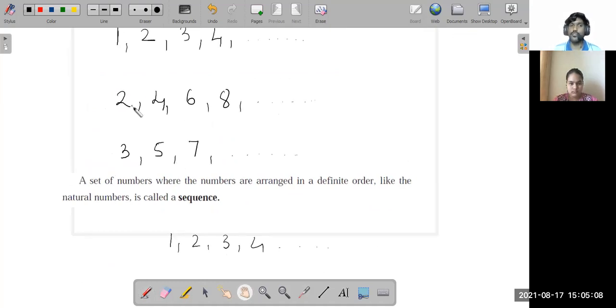If you see the set of even numbers, there is an order in this. What is the order here? After every second number is an even number, like 2, 3 is left, then 4, 5 is left, then 6. So every second number is an even number. That is the pattern that is followed. So a set of numbers where the numbers are arranged in a definite order is called a sequence.